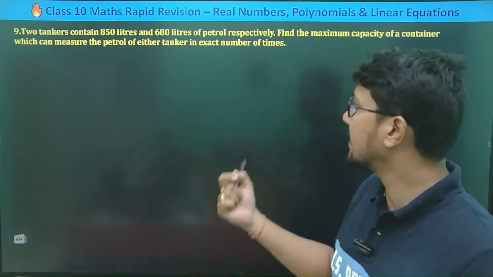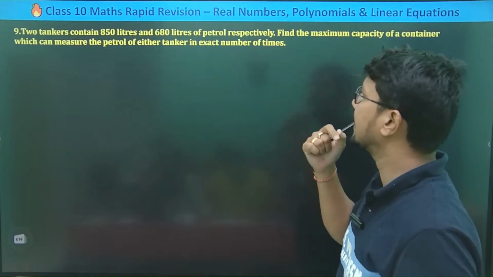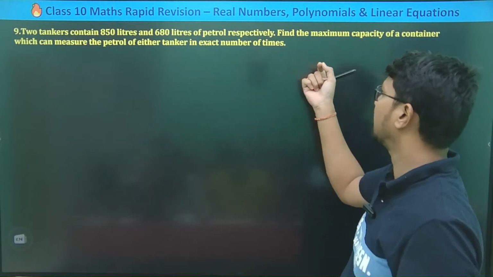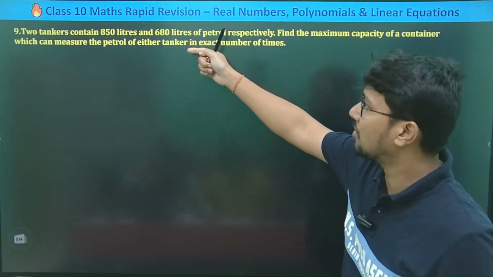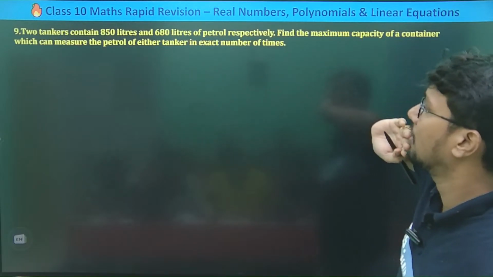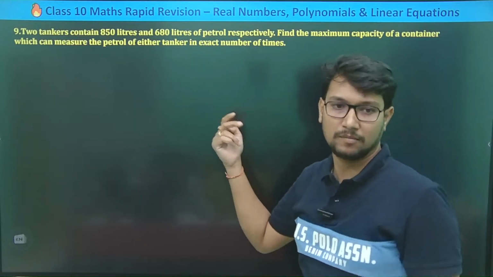Solve karo. What is the answer? 2 tanker contain 850 liter and 68 liter of petrol respectively. Find the maximum capacity of a container which can measure this petrol of either tanker in exact number of time.